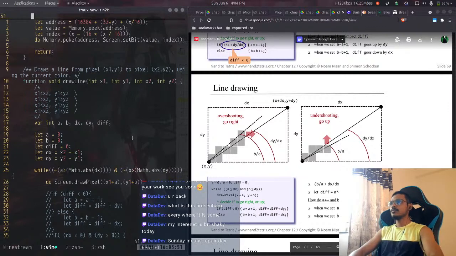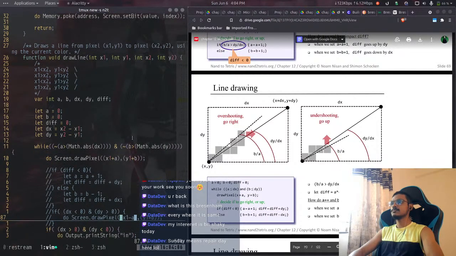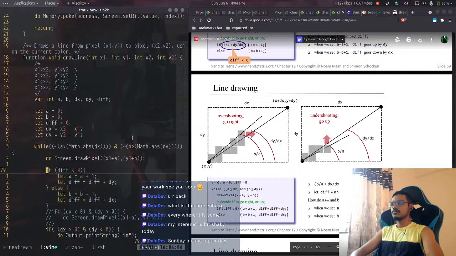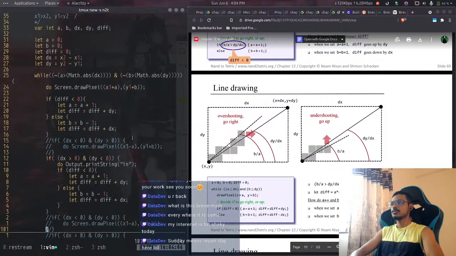Yep, I know, because in this case, difference never becomes negative. Let me try something. This is for difference. No, wait. Yeah, let's not.